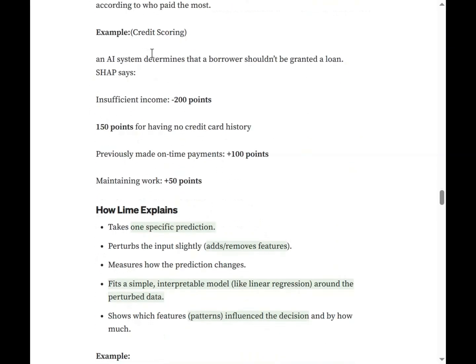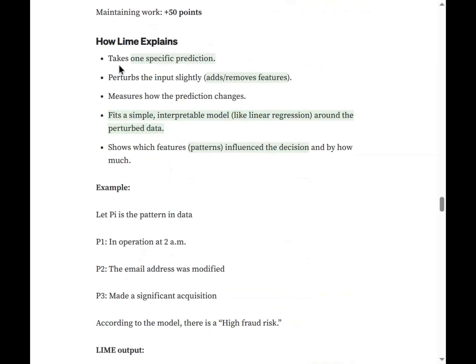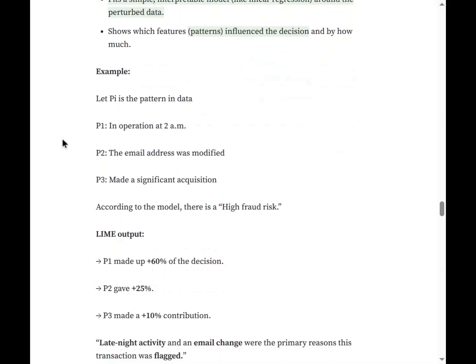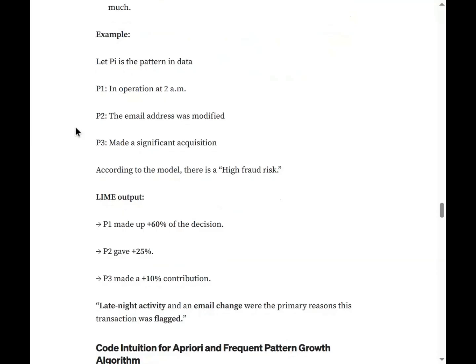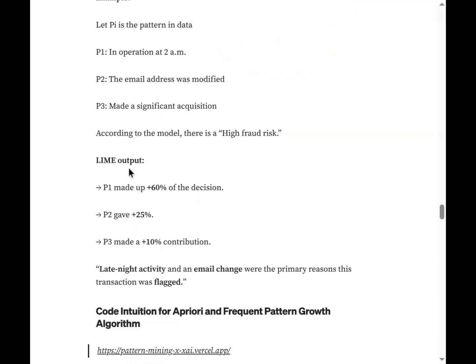So this is a more detailed example of credit scoring, and this is the way LIME works. It takes the specific prediction, perturbs the input, fits a simple model, and shows the patterns that influence the decision. So if we see, P1, pattern 1, is an operation at 2 a.m., and P2, pattern 2, the email address was modified.